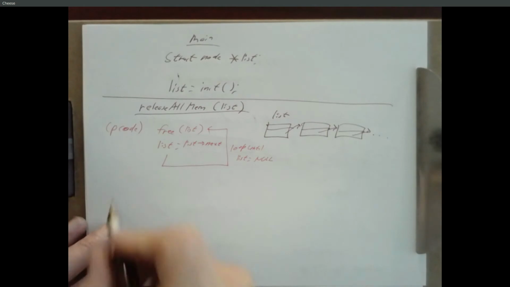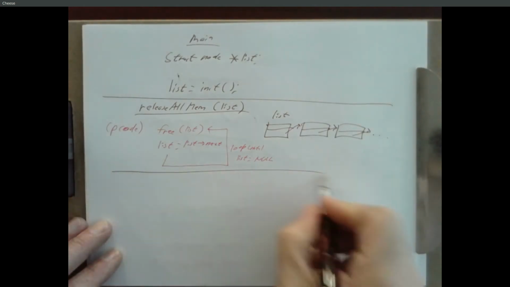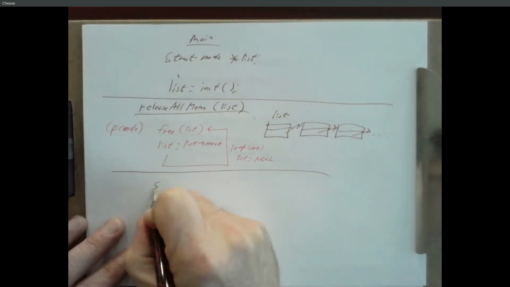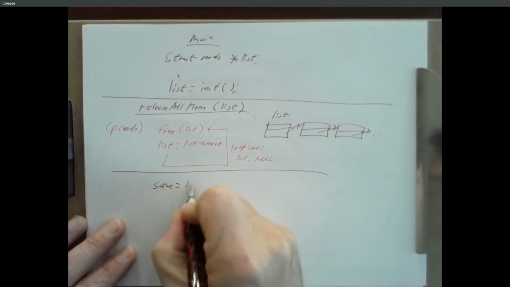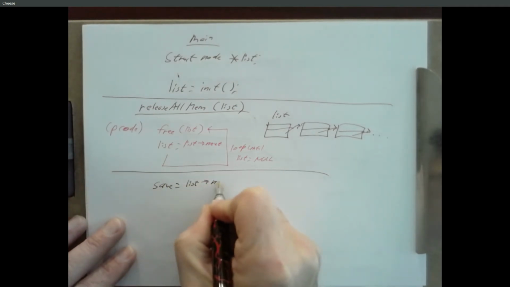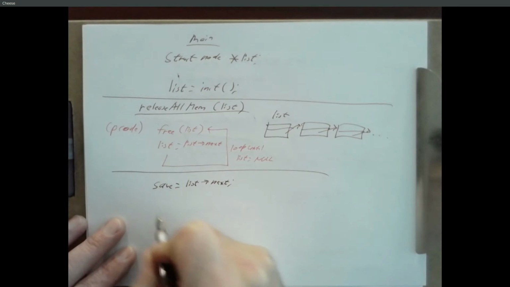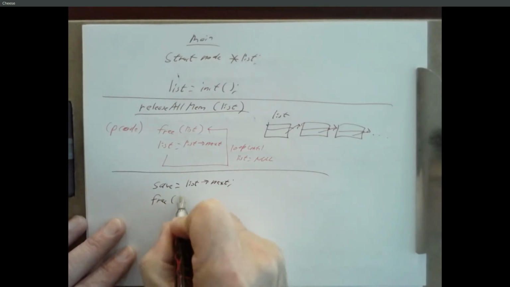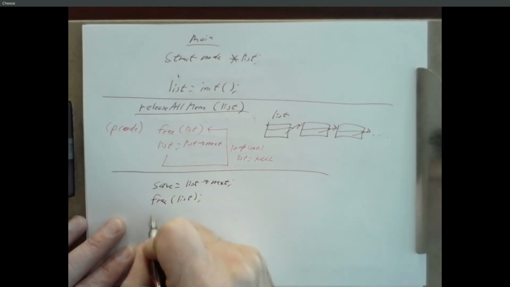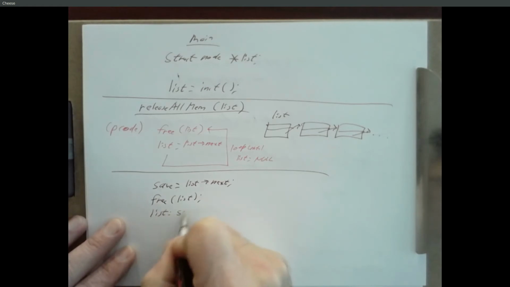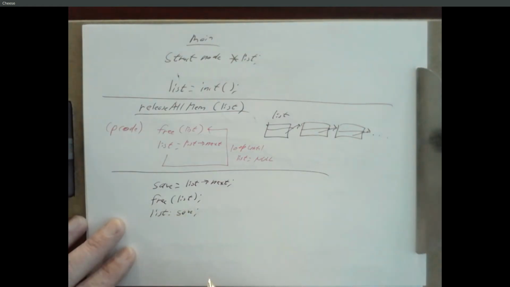Just use a temporary variable. Save equals list arrow next. Free list. List equals save. And just do all this until list is null.